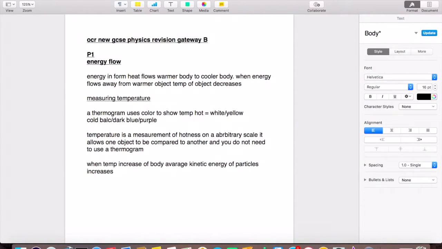Heat is a measurement of internal energy on an absolute scale.